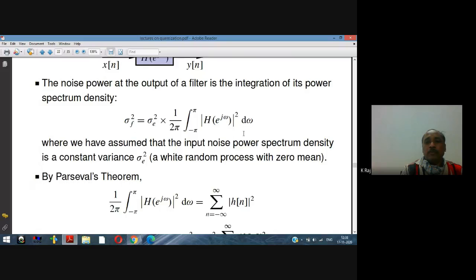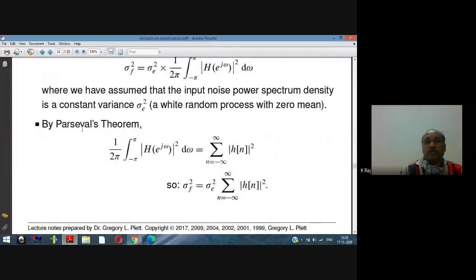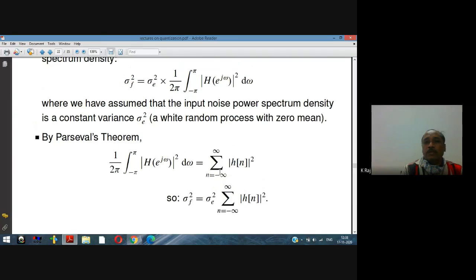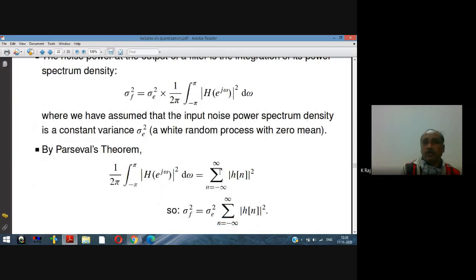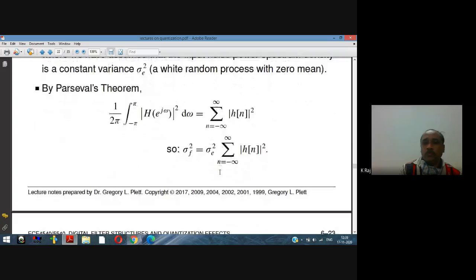And if we apply Parseval's theorem, we find that 1/2π times the integral from −π to π of |H(e^jω)|² dω becomes the summation over n from minus infinity to plus infinity of h[n]². So σf² is the noise power at the output of the filter, that is σe² at the input side multiplied by the sum over n from minus infinity to plus infinity of h[n]².